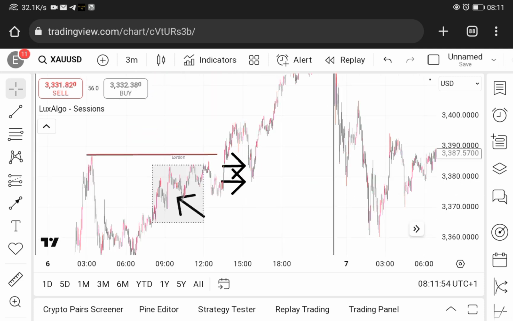At times you may go through a week without a setup. No genuine setup will appear every day.